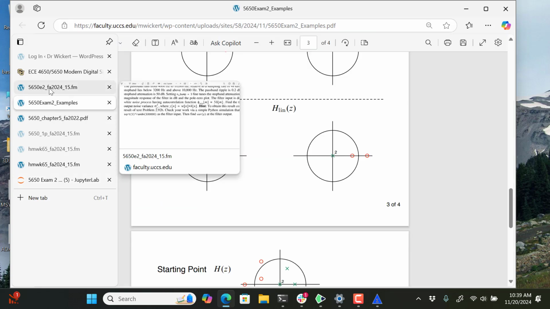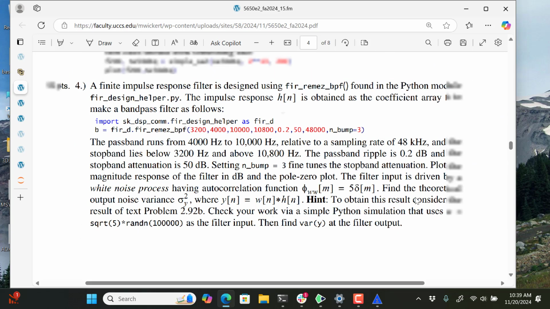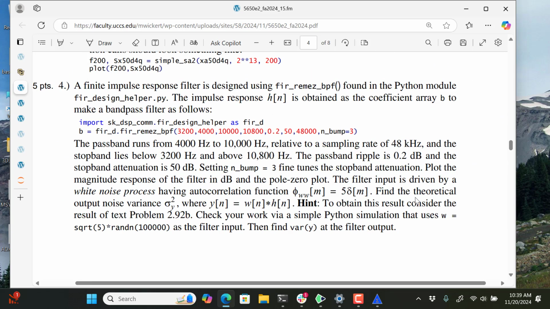The other problem that's not really that involved is a random process problem, so you're going to consider white noise of variance 5 going through this bandpass filter, and you want to see what the noise variance is coming out of the filter.